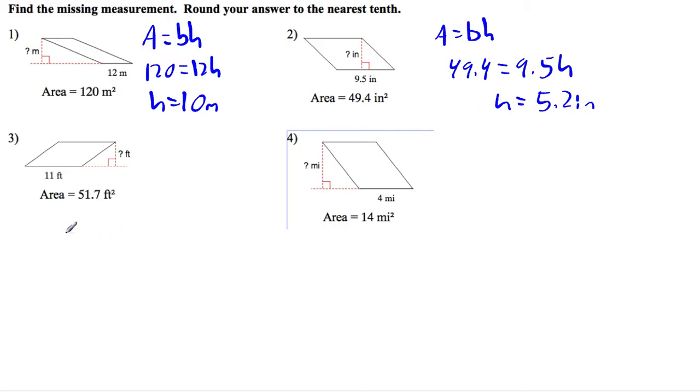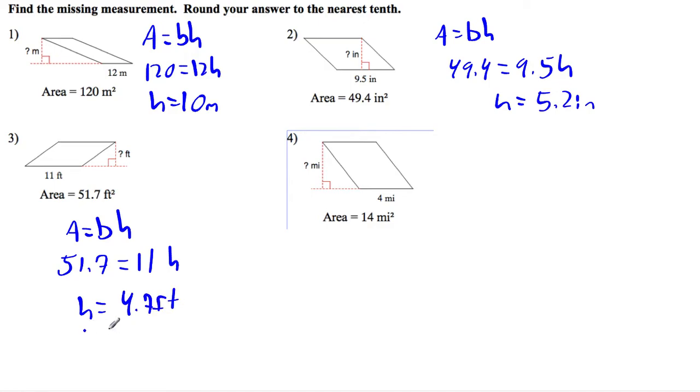For number 3, area is again base times height. So the area is 51.7 is equal to the base, which is 11, times the height. So if we do 51.7 divided by the 11, we get that the height is 4.7 feet.